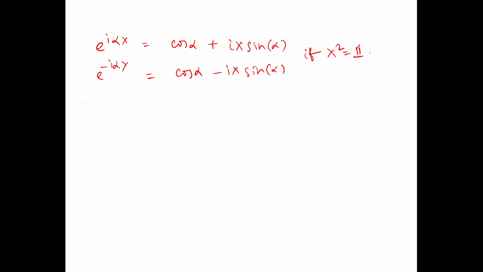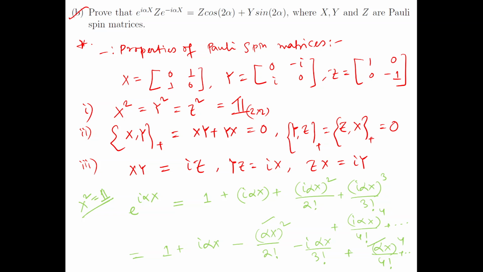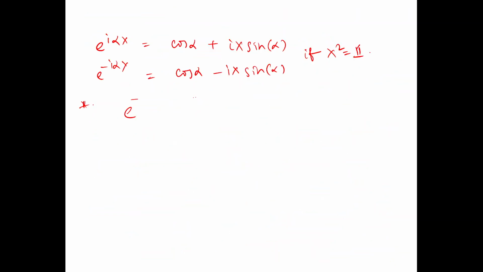Okay, now let's get back to our problem. Our problem was e to the power i alpha x, then you had z, and e to the power minus i alpha x.